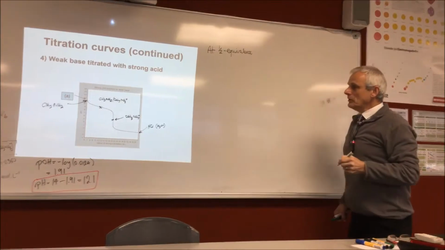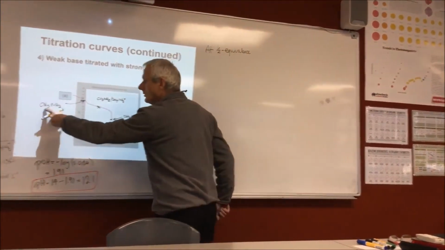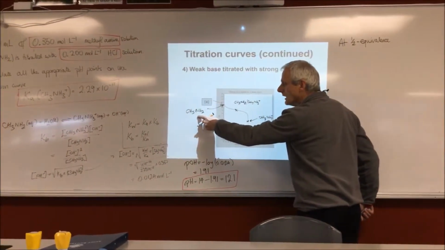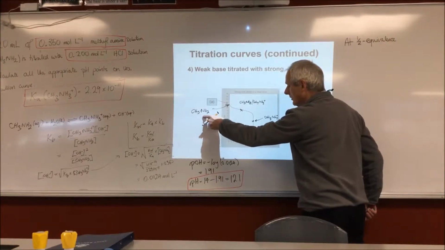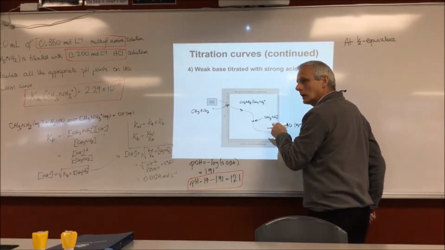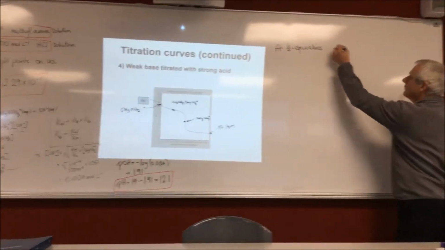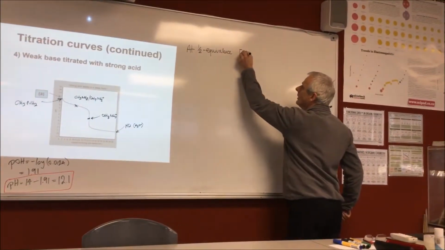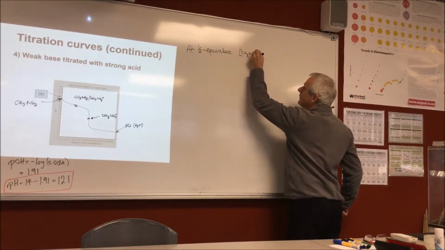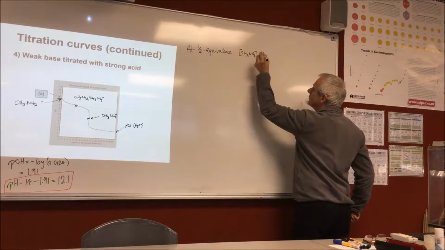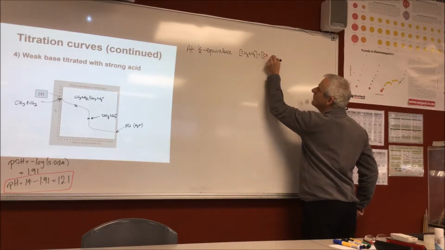And when we're there, by definition, we've neutralised half of the weak base and turned it into the weak acid, or this conjugate acid, so we've got a 50-50 mixture. And so that's telling us the concentration of the weak base at that point is equal to the concentration of its conjugate acid.